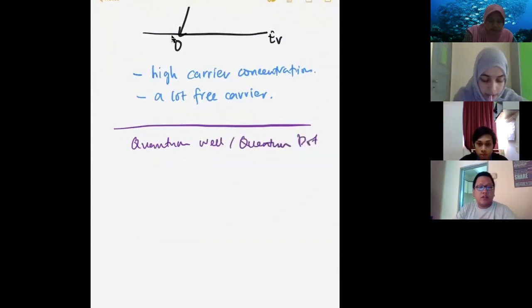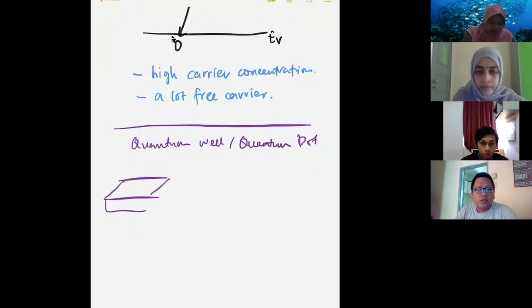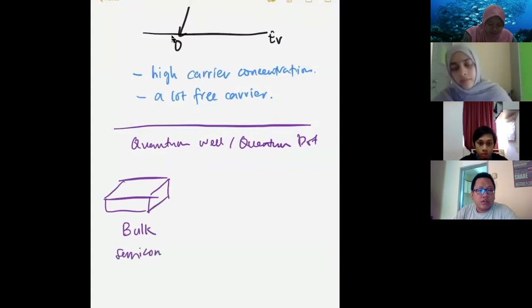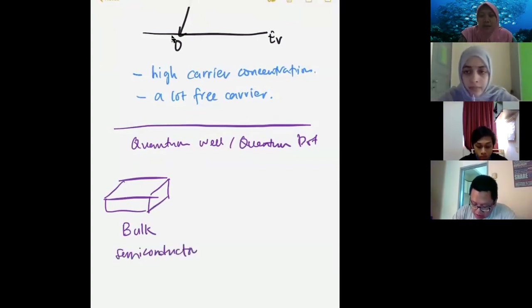So what is it? The semiconductor that we are talking about nowadays, the one we did in the class, we generally call it bulk semiconductor. Bulk means it's big. Anything bigger than, I think, 100 micrometer is called bulk.